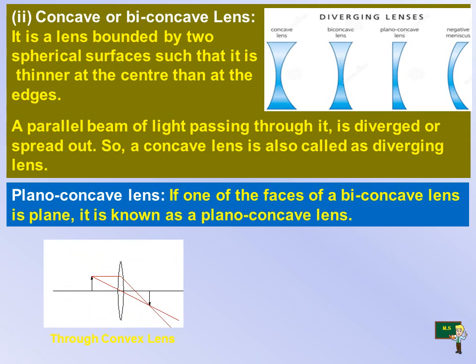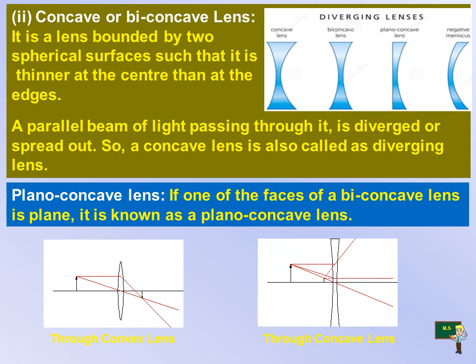Let me show two short films for you to learn about the features of convex and concave lenses. Here you can see the images are converged, and here the images are diverged.